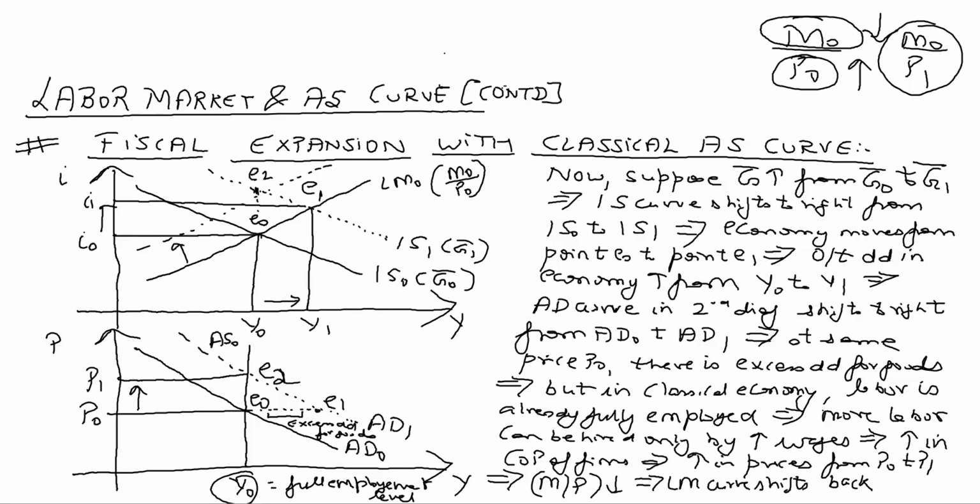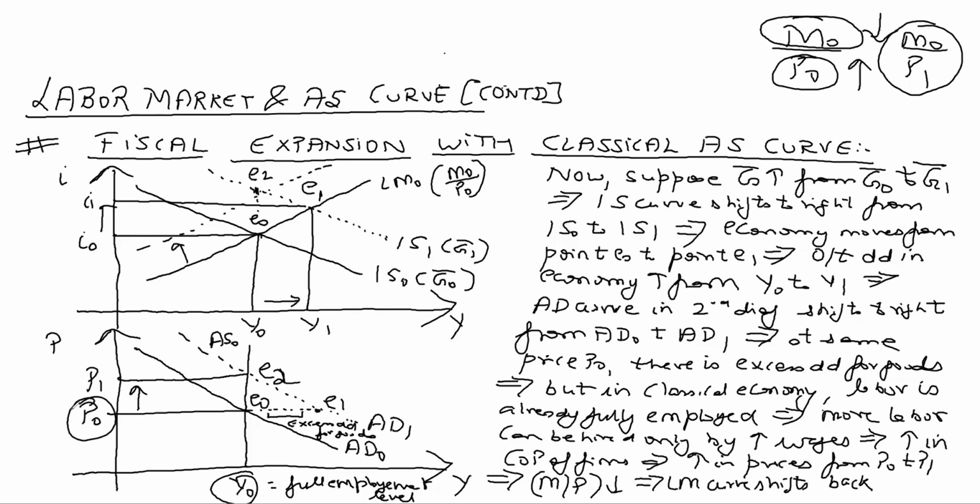The whole IS chain happens, which we have done in the ISLM lectures. The economy moves from point E0 to point E1. As a result, output demanded goes up from Y0 to Y1, and the AD curve shifts to the right from AD0 to AD1. At the same price P0, there is excess demand for goods.